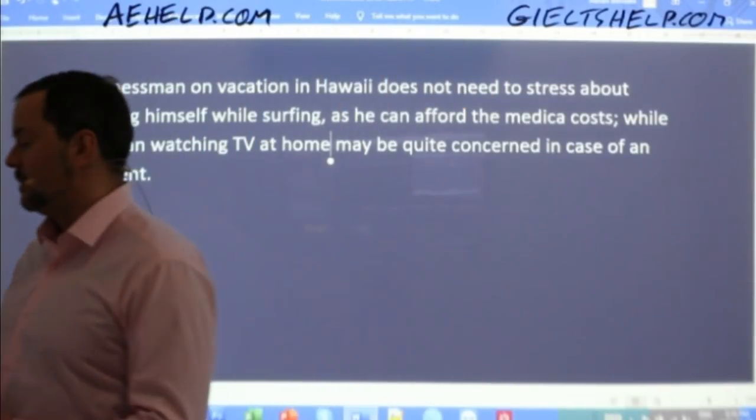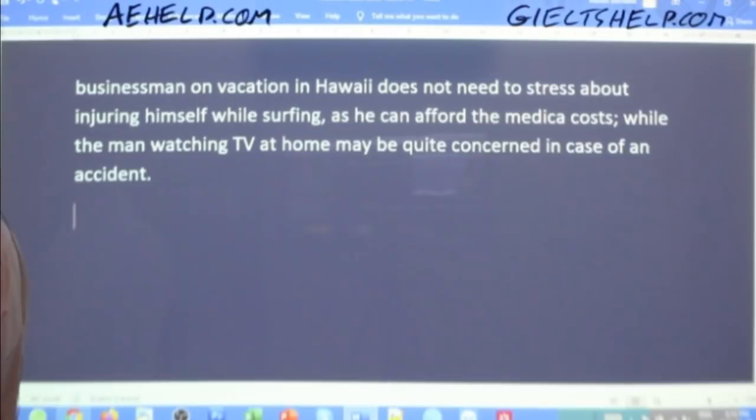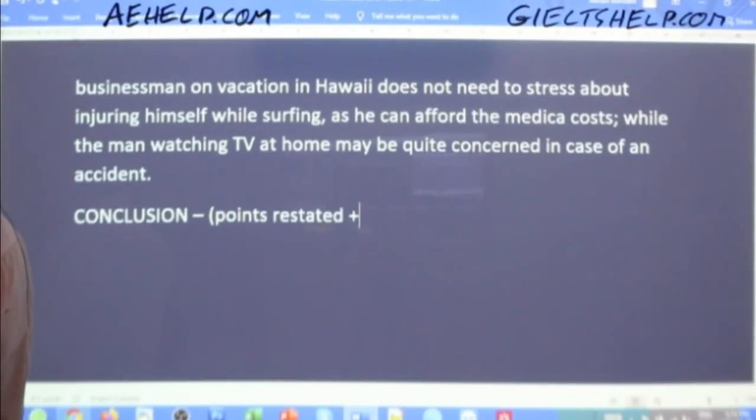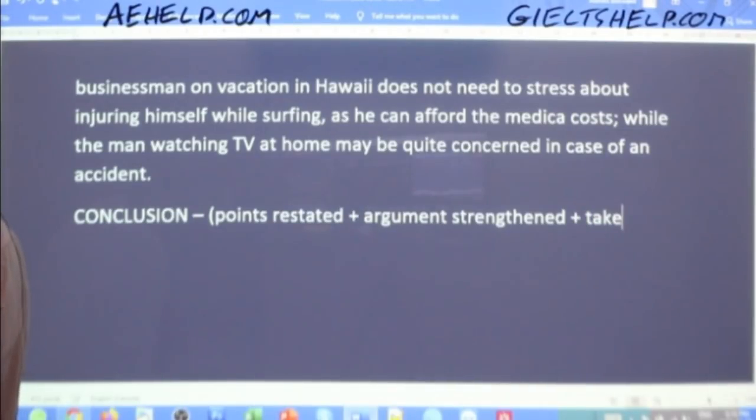Now I come to my conclusion. And the conclusion has the points restated plus argument strengthened plus take-home message.